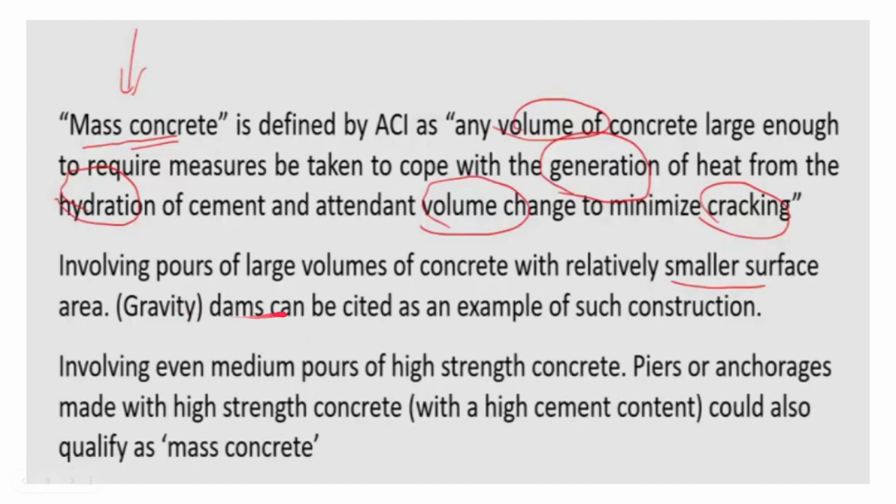So gravity dams can be cited as an example of such construction. Even medium pours of high strength concrete, such as piers or anchorages used in bridges, made with a high cement content, could also qualify as mass concrete. So any huge pour where the generation of heat is a concern can be defined as mass concrete.